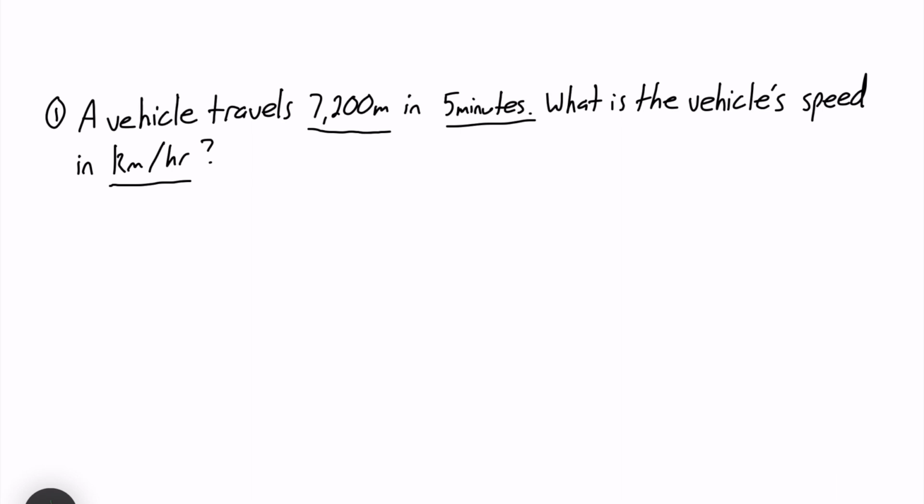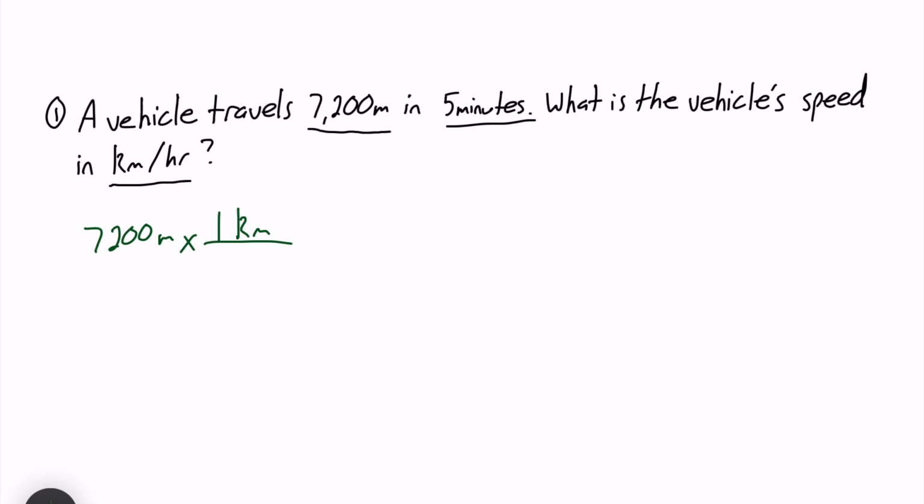So first off, I would like to take my distance and I'm going to convert it to kilometers because that's what my question wants me to do. It eventually wants me to find the speed in kilometers per hour. So we'll take 7,200 meters. We will work with the time sign line strategy. We'll have our unit that we want on top, which is kilometers.